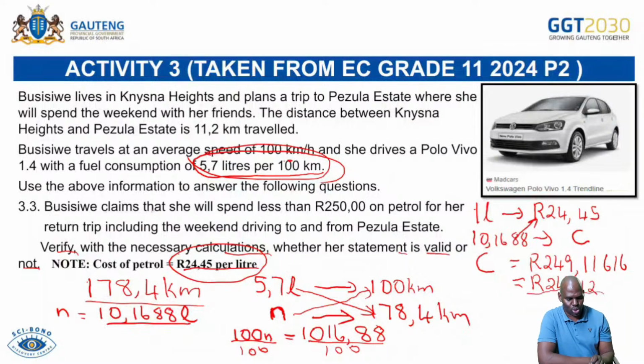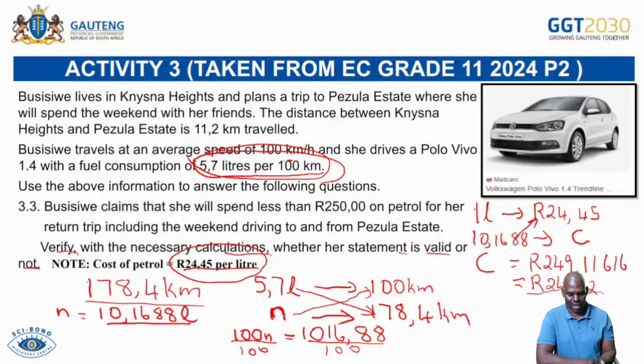But Busiswe claims that she will spend less than 250 rand on petrol for a return trip, including the weekend, to and from Pezula Estate.